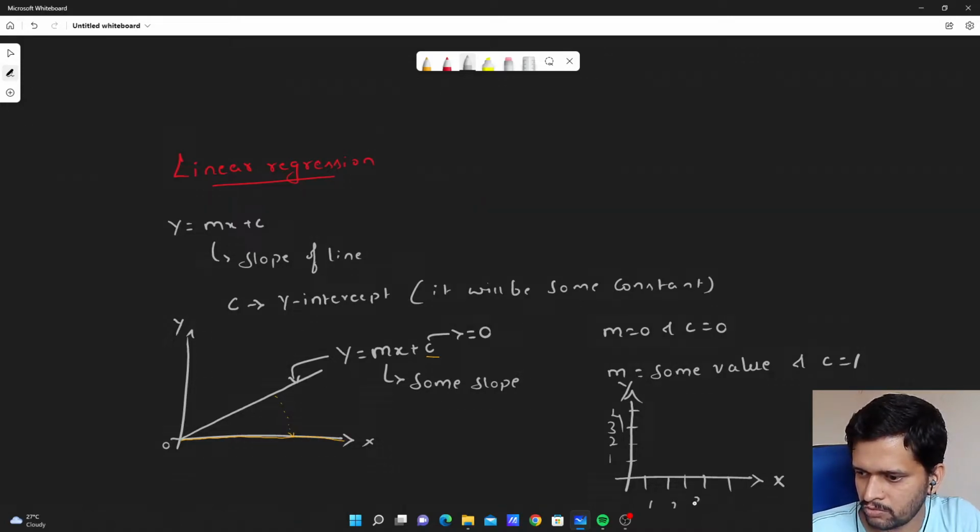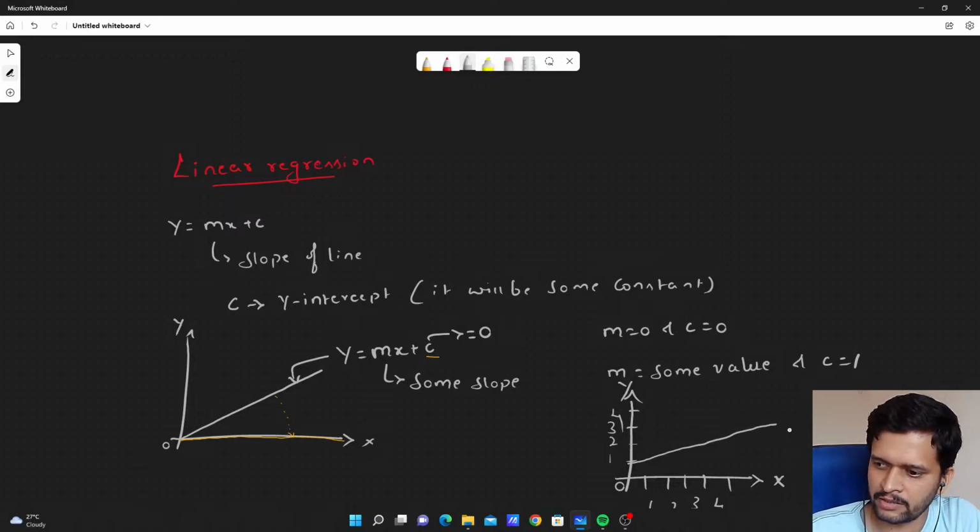Here c is equal to 1, but m is not 0. So there will be a slope associated with the line, but the y-intercept will be 1. Instead of passing through the origin 0 here, the straight line will be passing through 1 here. This is again the equation of the straight line. The equation remains the same, just c will be 1 and m has some value associated with it.